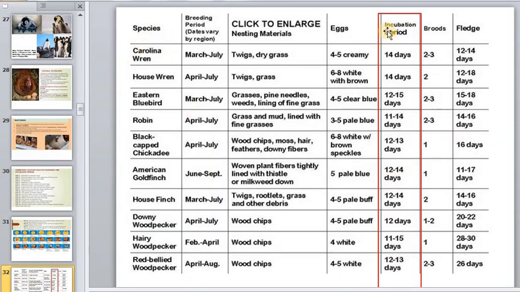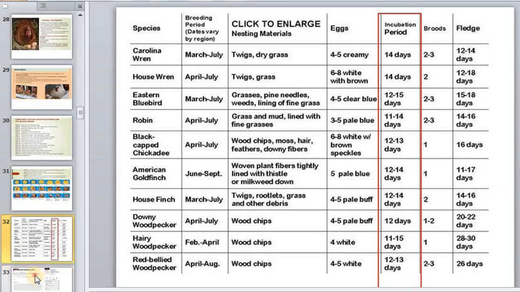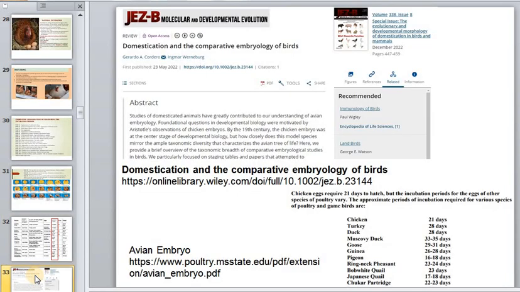For example, here this is the incubation period and how many eggs there can be. And here we see some days and broods and fledge, and of course not only this, here we can find more domestication and embryos of birds and even embryo development, and one more table for different kinds of birds, a few more types.